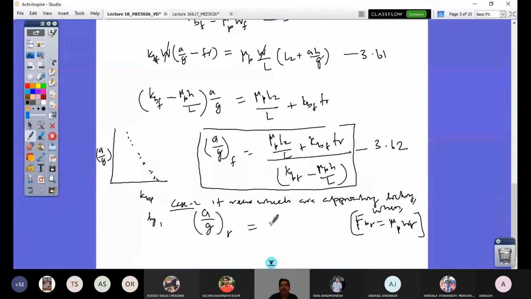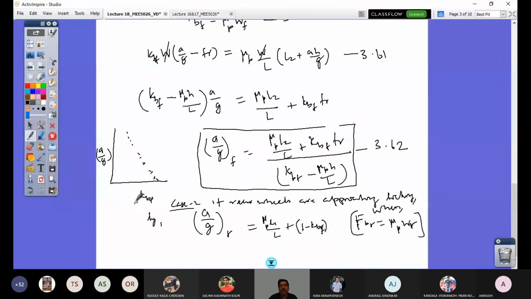So here it's μp L2 by L, and in this it will be μp L1 by L, plus K_BF, so here also you'll have K_BF instead of K_BR.